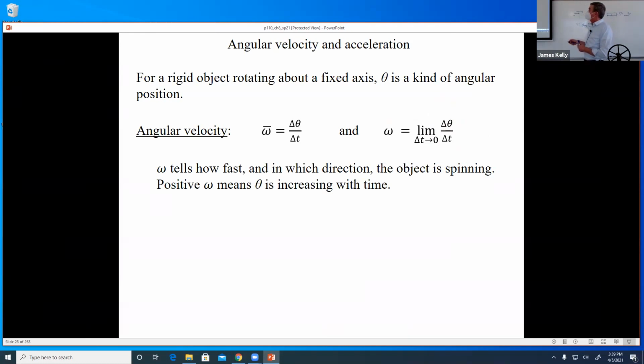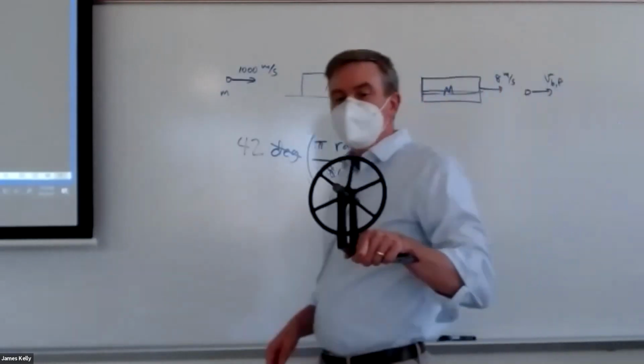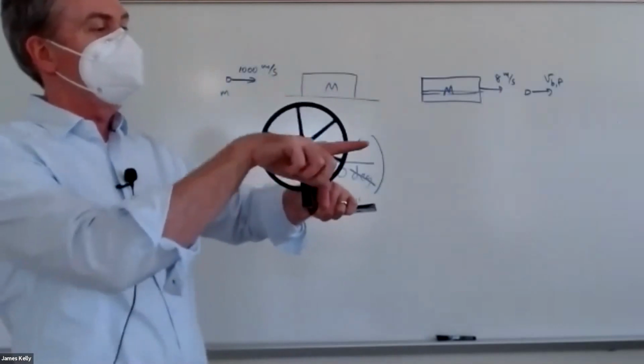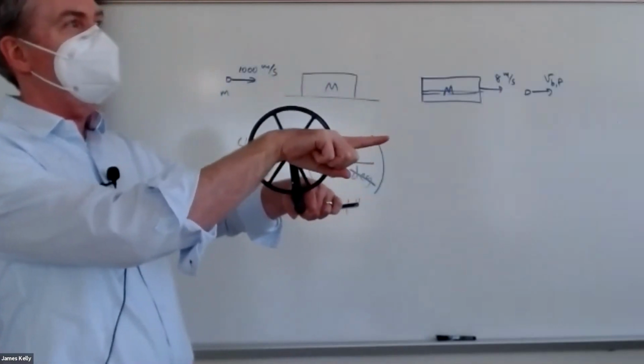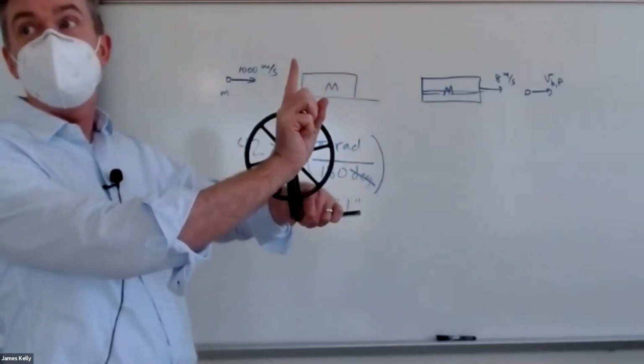It tells me how fast, but it also tells me in which direction it's spinning, in the sense that if I know which way is the positive direction. Usually in your math classes, you talk about counterclockwise rotations being positive. We'll always specify because we can't really be sure. As this thing's rotating around, maybe I'll say I'm going to call the angle theta equals 0 over here, and a counterclockwise rotation from there a positive angle.